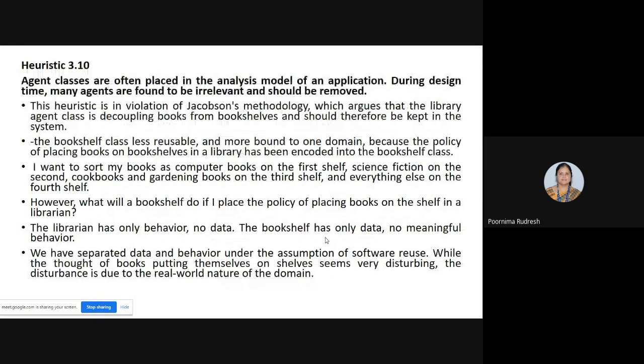This heuristic says that agent classes are often placed in the analysis model of an application, but during design time, many agents are found to be irrelevant and should be removed.